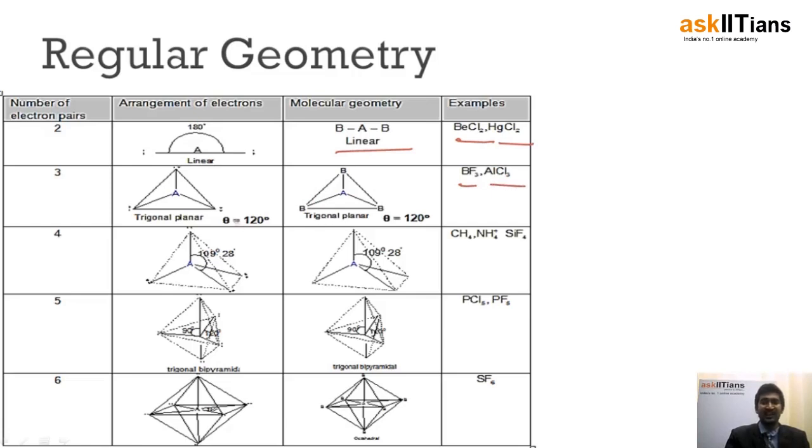The theta angle is 120 degrees. Next is tetrahedral, CH4, NH4+, bond angle is 109 degrees 28 minutes. Next is trigonal bipyramidal, PCl5, PF5, like that. And this is octahedral, SF6. An octahedron you can assume in space.